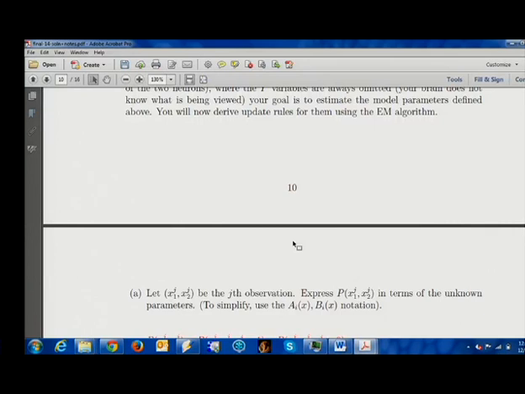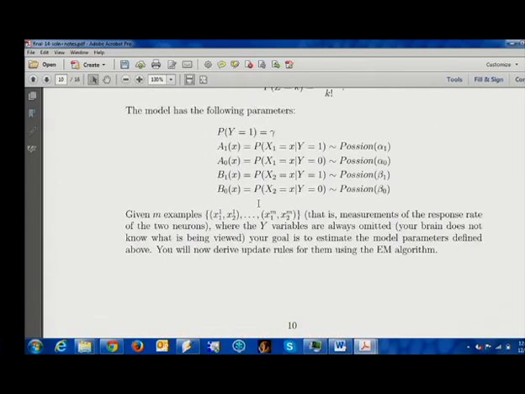Again, the first thing we want to do is express this joint in terms of the parameters, specifically the 5 unknown parameters. I'm going to use these letters just because it's going to be simpler to carry, but you can choose how you want to do it.